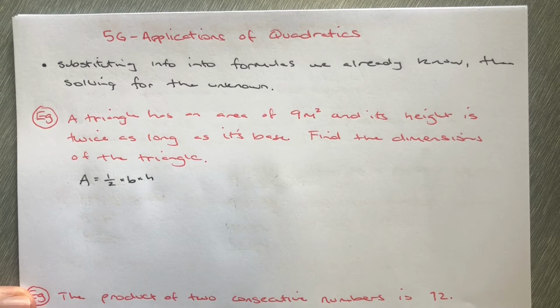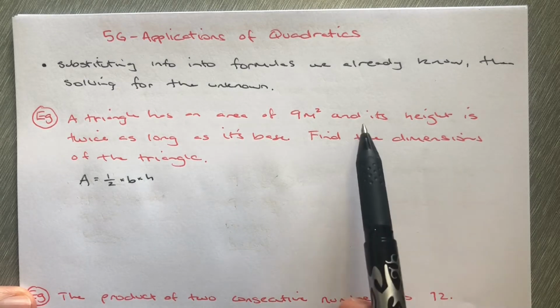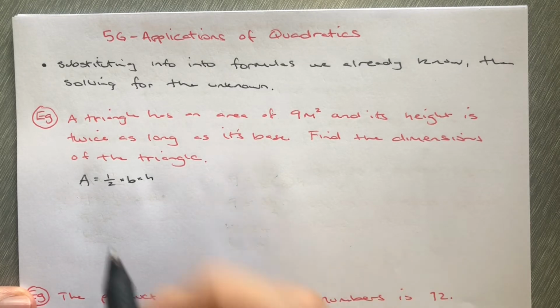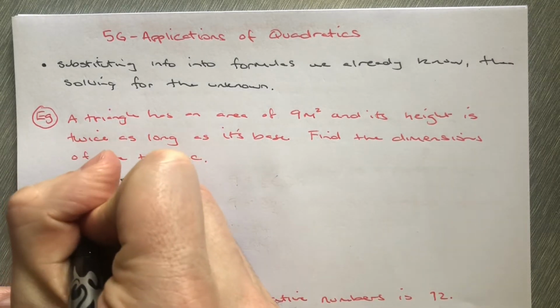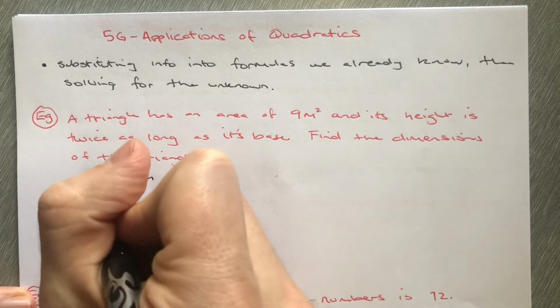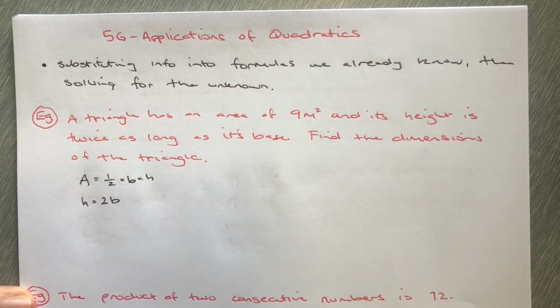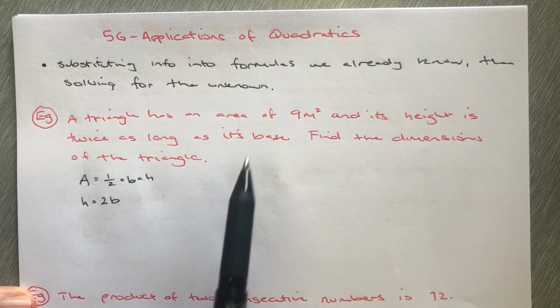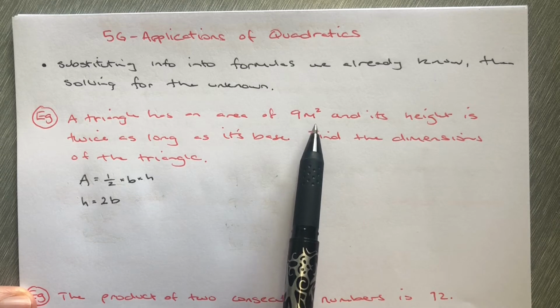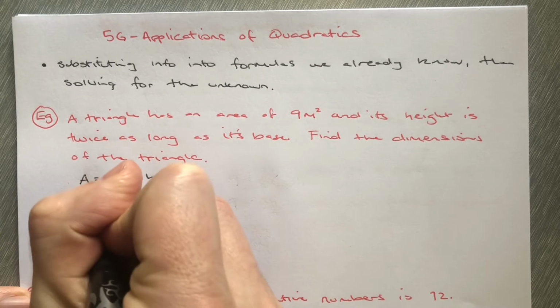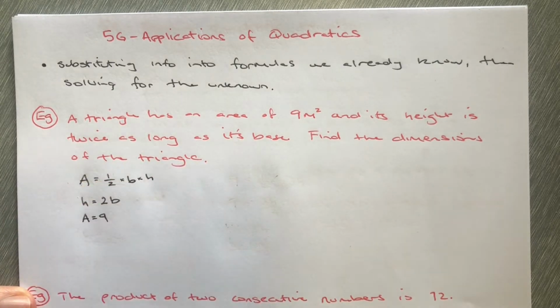Now it's telling us that its height is twice as long as its base, so that will be 2 times the base. Is there any other information that we've been given? The area is 9 meters squared as well. So the area is going to be 9. You can write down information like that to help you a little bit.